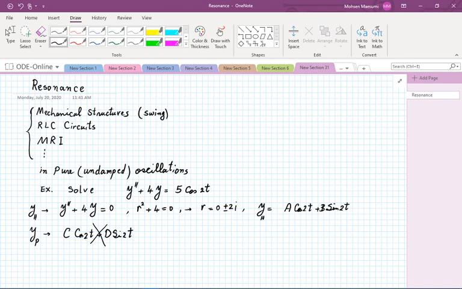It turns out that across all these cases, the way that we resolve the issue is by multiplying what we wanted to use at the beginning by a factor of t, until there is nothing in common between what we have here and what we have on the right hand side. It's possible to make a theory of it, but let's just move ahead and get this ball rolling.